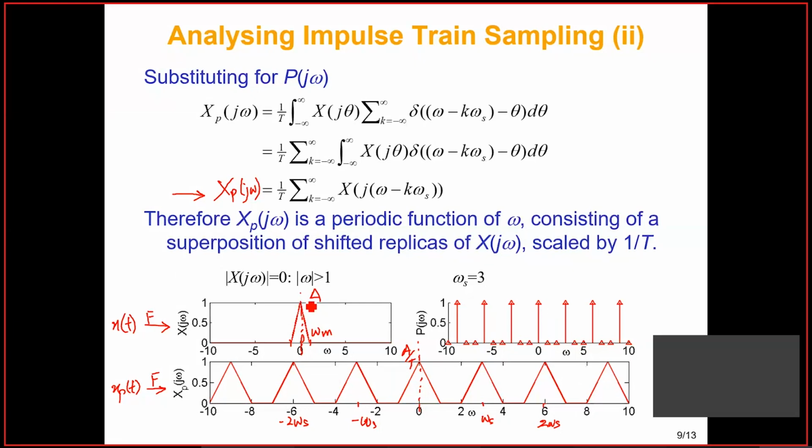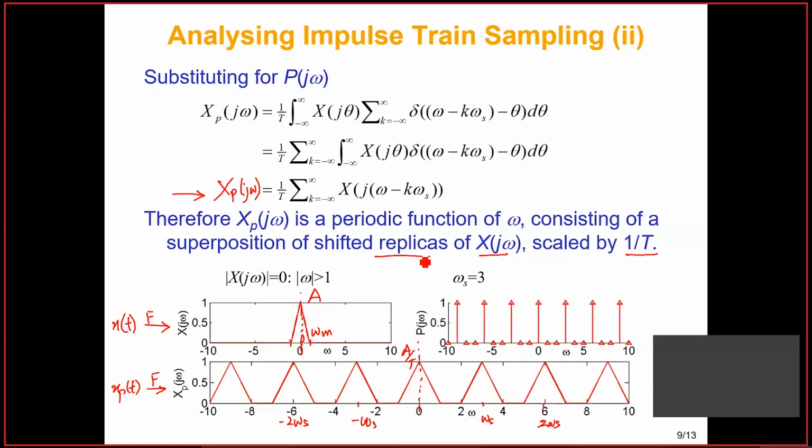And for the impulse sampled signal that results, when you see its Fourier transform, we end up getting copies of these frequency contents at multiples of omega s, and all these copies are scaled by a factor of 1 over T. So we end up getting a superposition of shifted replicas or copies of X(j omega), and all of them are scaled by a factor of 1 over T. This is what happens.